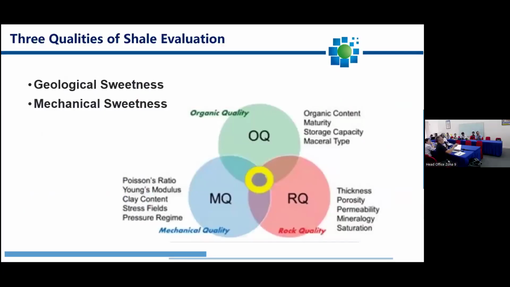This might be too basic for some of you, but I covered it already. We use organic quality, reservoir quality, and geomechanical quality, 3 qualities. The first 2 we call geological sweetness. Mechanical quality is more of a mechanical sweetness. So you combine these 3 pieces of information to evaluate how good your unconventional reservoir is.